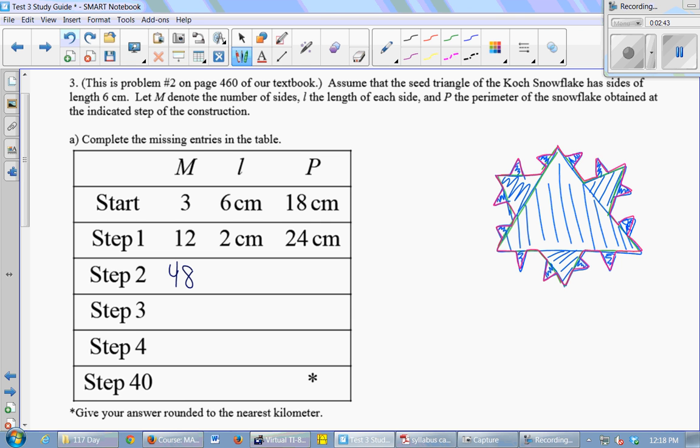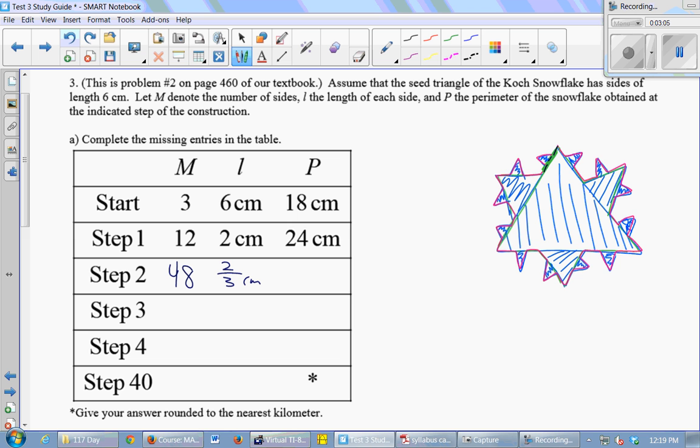Each side is going to have a length, well, let's see. The length of each side in my previous step was 2, and now I've broken it into thirds. 1 third, 2 thirds, 3 thirds. So a third of 2 is 2 thirds. So each side has to be 2 thirds centimeters.